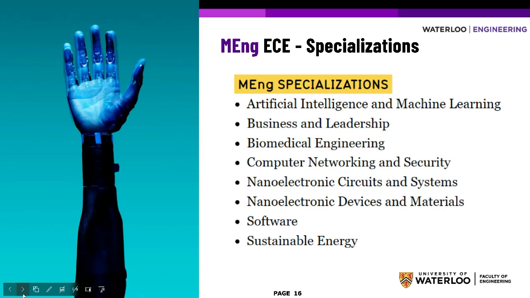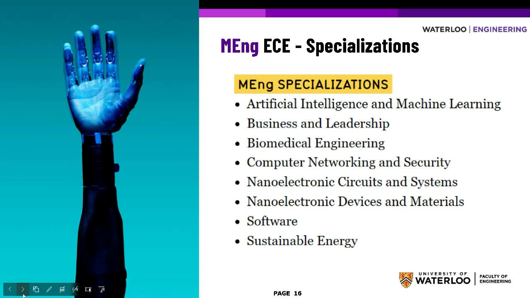But because we have a limited number of faculty and we have a limited number of classrooms available, we can only offer so many courses per term. We do our very best when we schedule these courses to make sure that we offer as many of these courses as possible. But you need to be very careful when you plan your coursework in an MEng program to make sure that the courses you are wishing to take for specialization are actually offered.